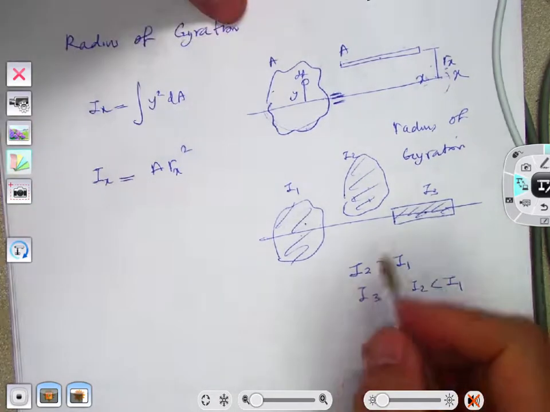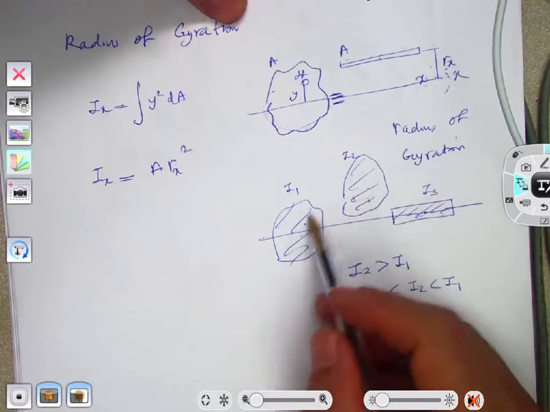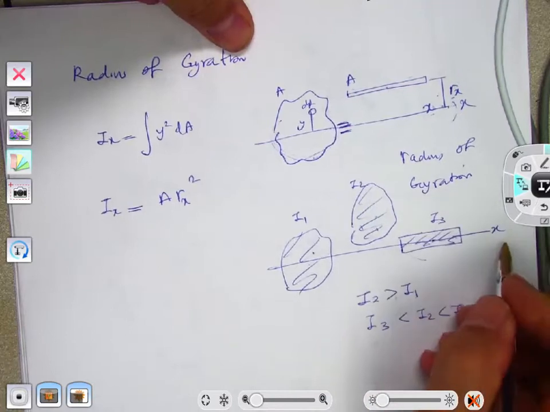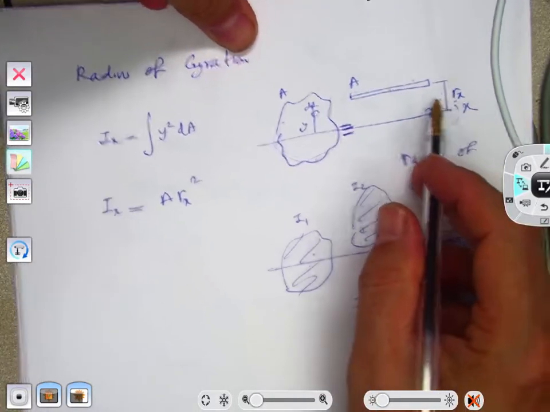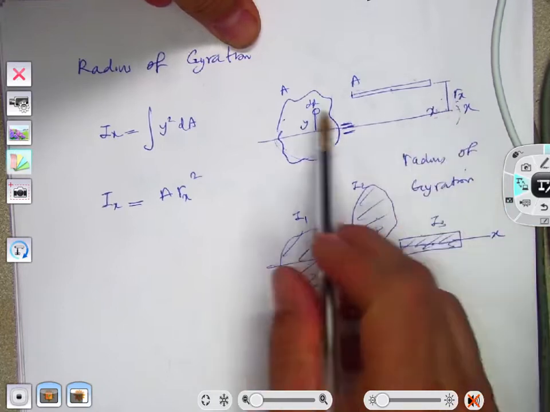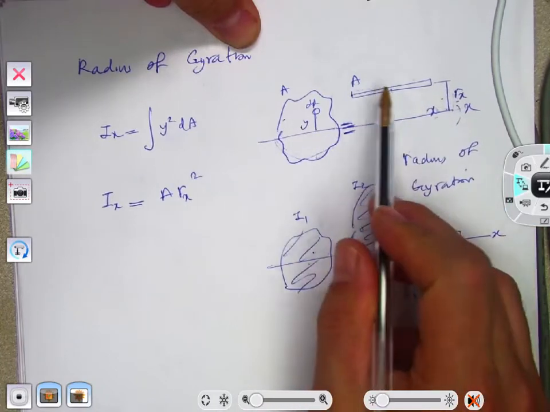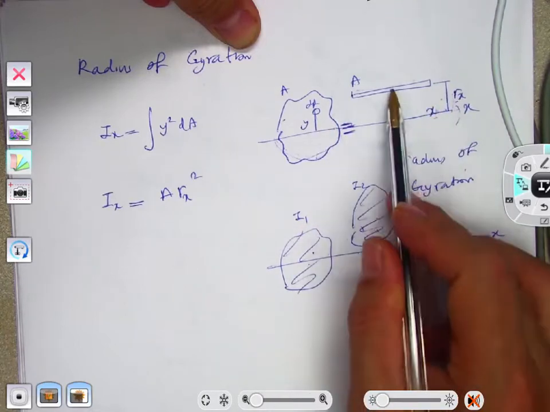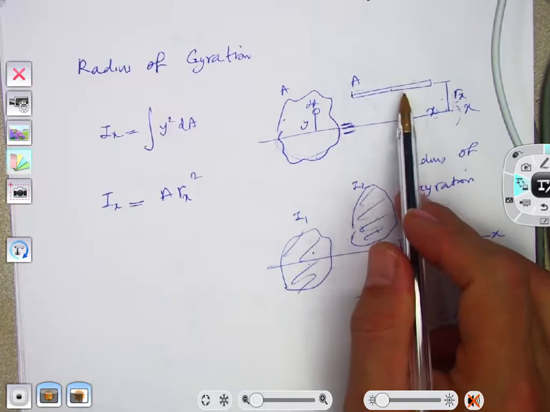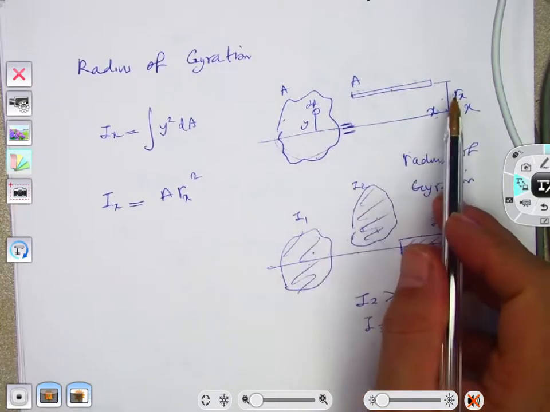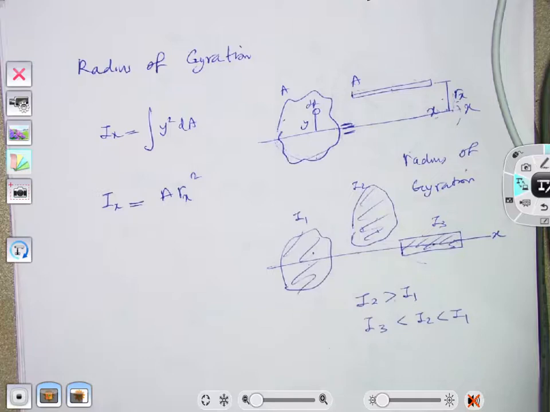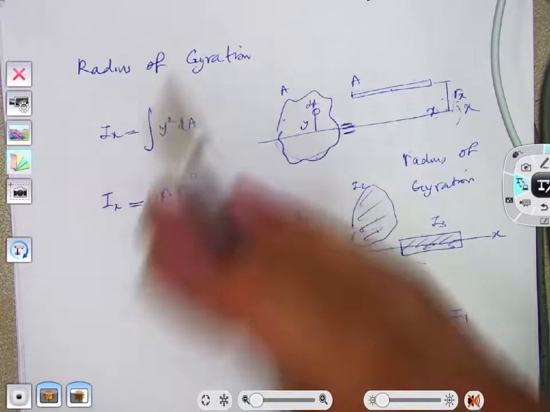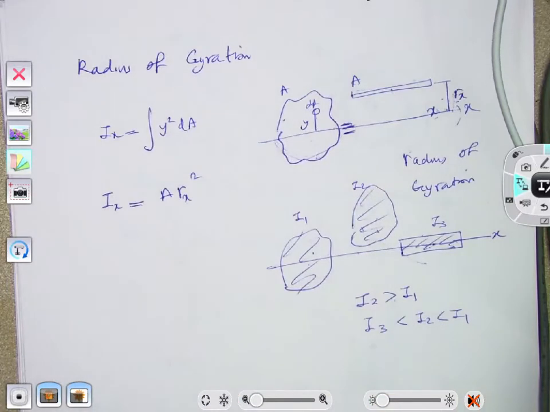So the moment of inertia by itself was a measure of the distribution of the area about the axis, whatever axis x. Radius of gyration does a similar thing. If you put that in the form of a narrow rectangle and set the moment of inertia as identical, then that distance for that narrow rectangle, in order to maintain the same moment of inertia, that Rx, we call the radius of gyration, and the larger that is, the farther distributed your area is.